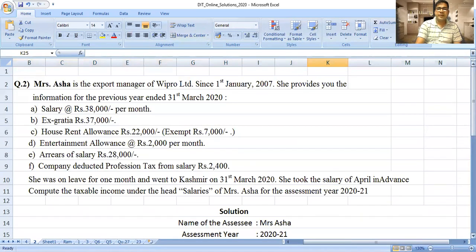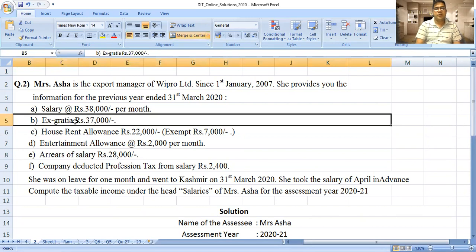It is not a per month value; they are not mentioning per month here. No need to multiply by 12. You have to understand where they mention per month. If they mention per month, then you have to multiply by 12 months. Otherwise, no need to multiply.